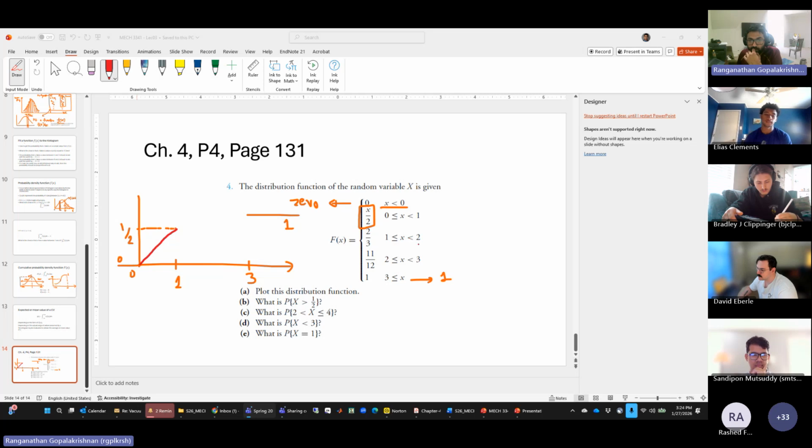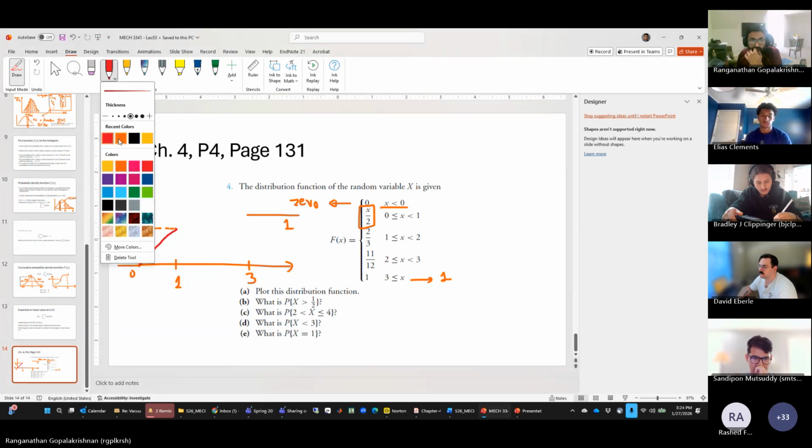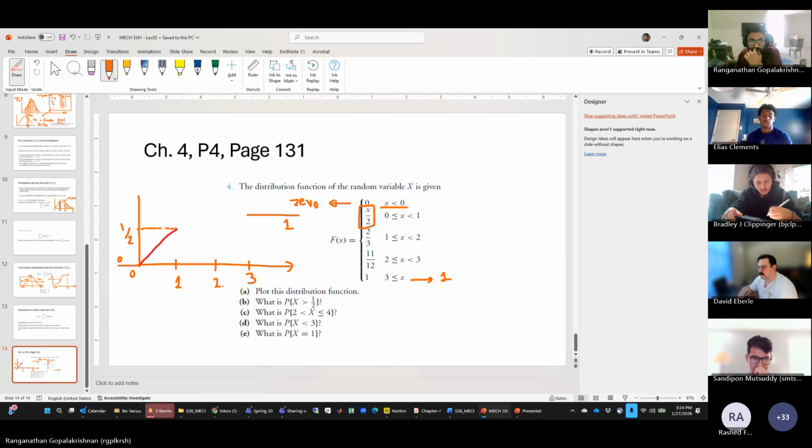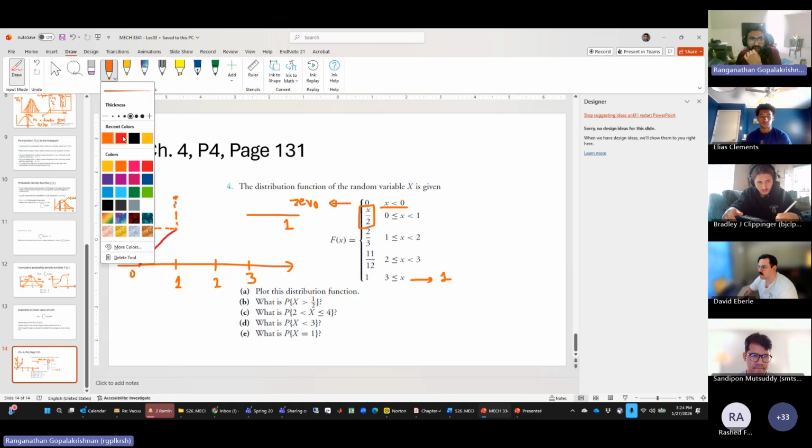And between 1 and 2, it has a constant value of 2/3. So from here, it jumps to 2/3. I'm going to use a different color.